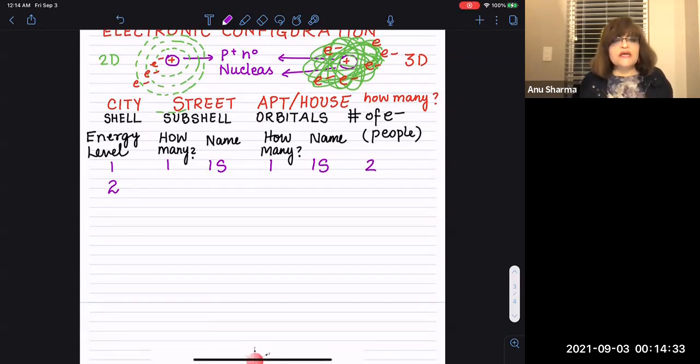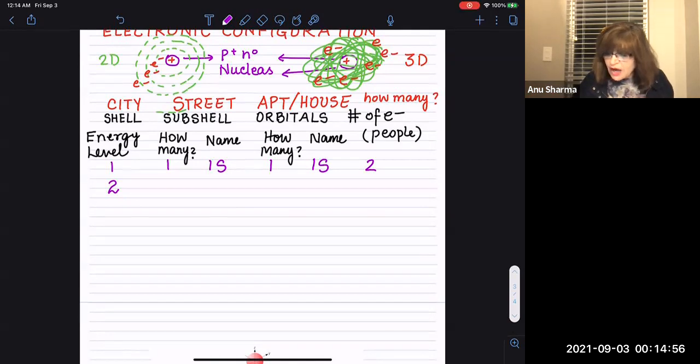So this means it's a very small city. It has only one street, the name of that street is 1s, and there's only one house, the name of the house is 1s. How many people living in that house? Maximum 2.